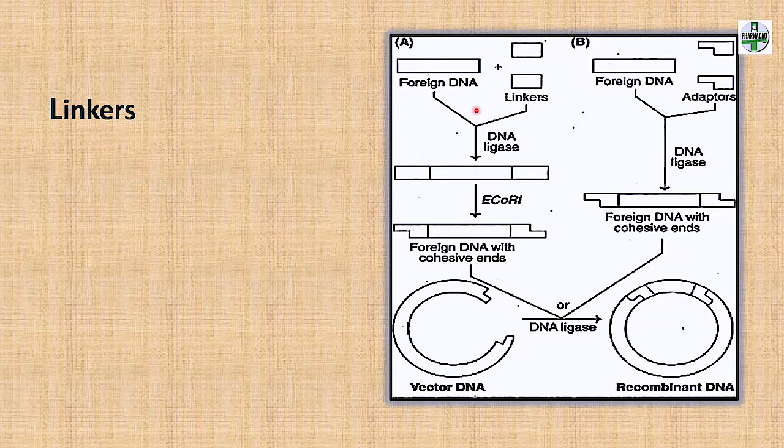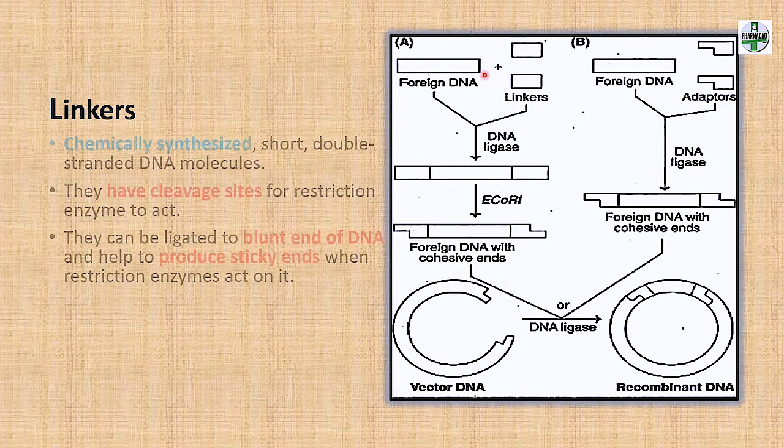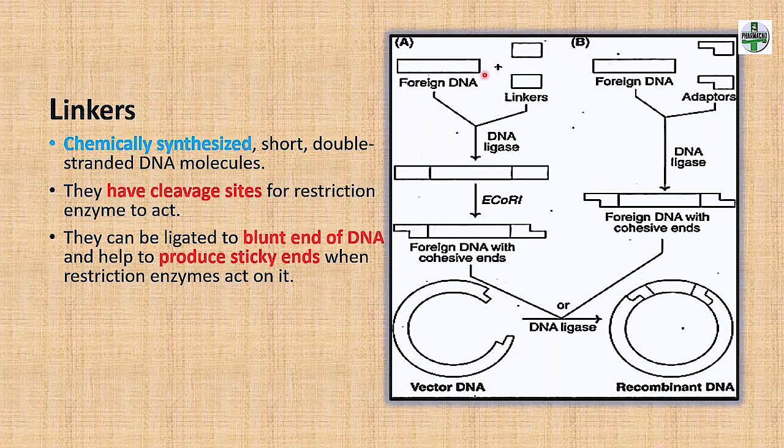Let's consider our gene of interest, that is this DNA, is not having sticky ends. It thus becomes difficult to add such DNA into the vector DNA. We therefore have to add these sticky ends externally. So these linkers are chemically synthesized DNA molecules.